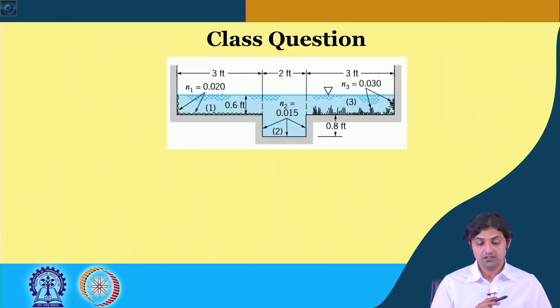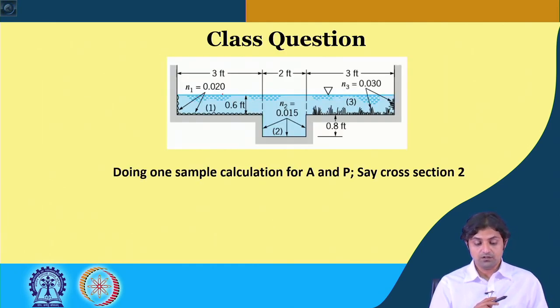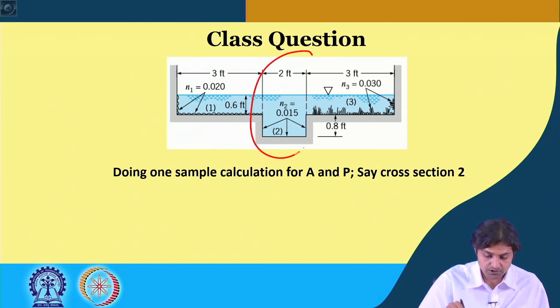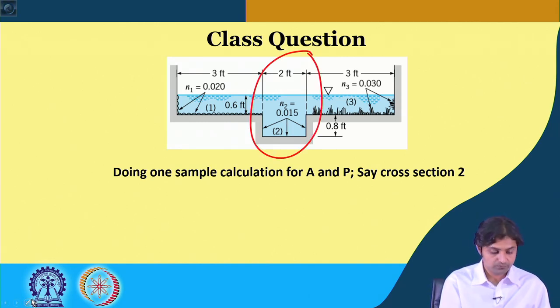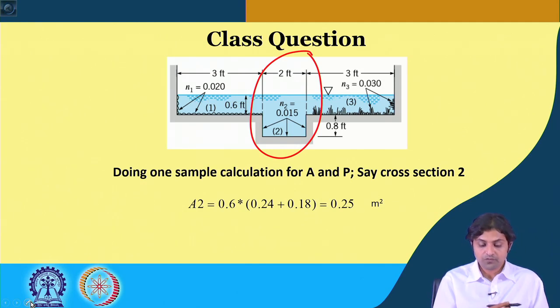So, best is that we do one simple calculation of A and P. Let us say we do it for cross section number 2. So, we are going to see this calculation. Area A2 is going to be the width 0.6 into the total height, 0.24 plus 0.18.